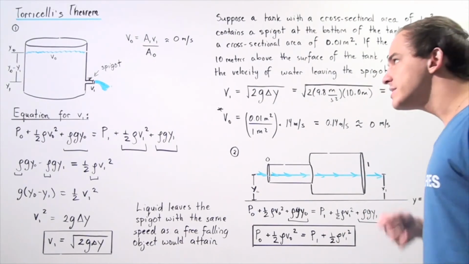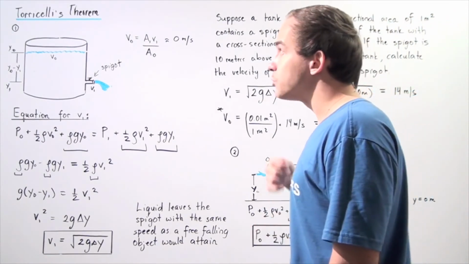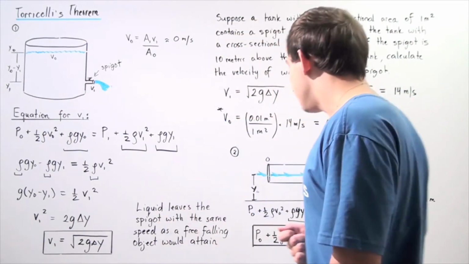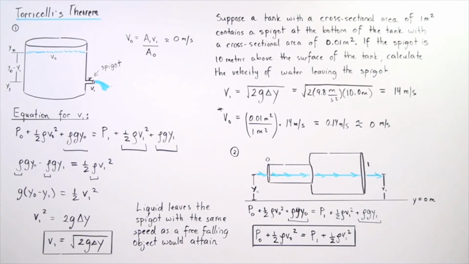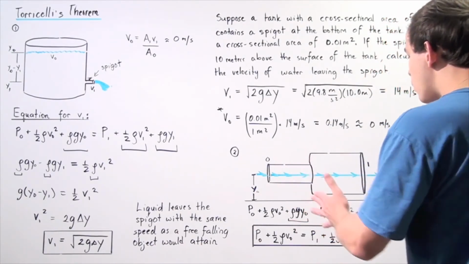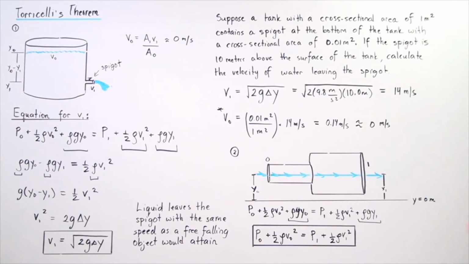Now, many other types of applications and results of Bernoulli's equation exist, and another result can be seen in the following diagram. Let's suppose we have a pipe, and the pipe at two ends has different cross-sectional areas.